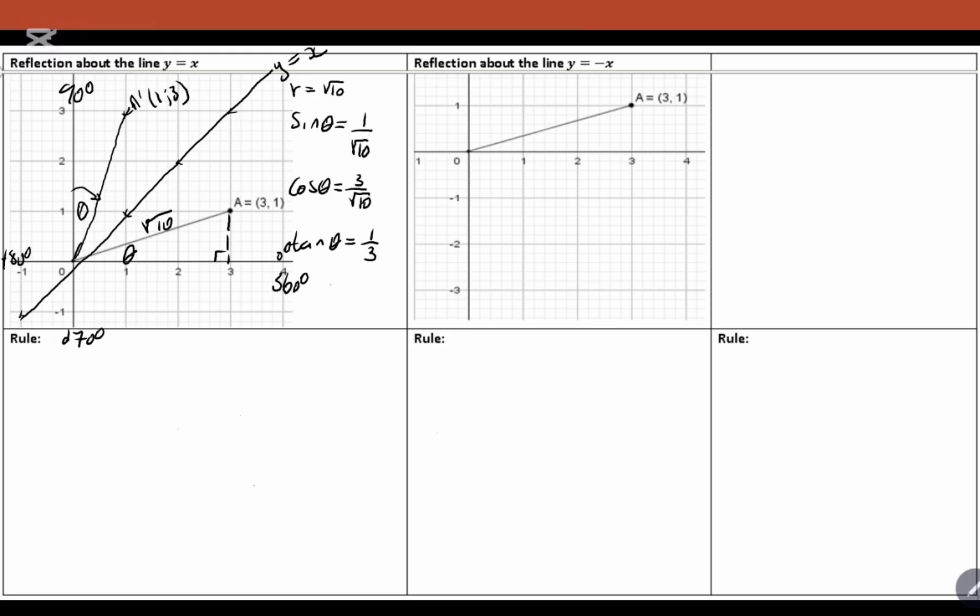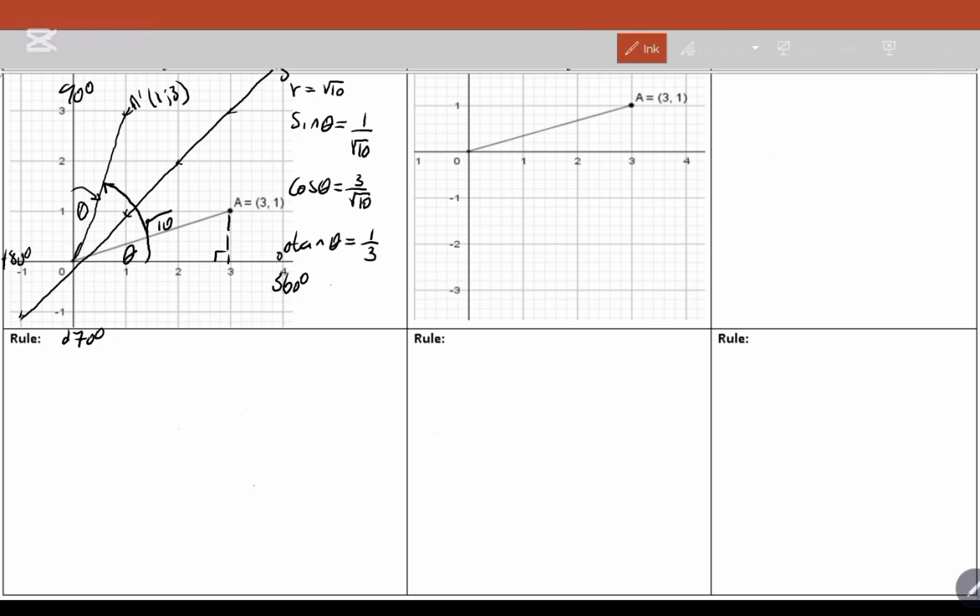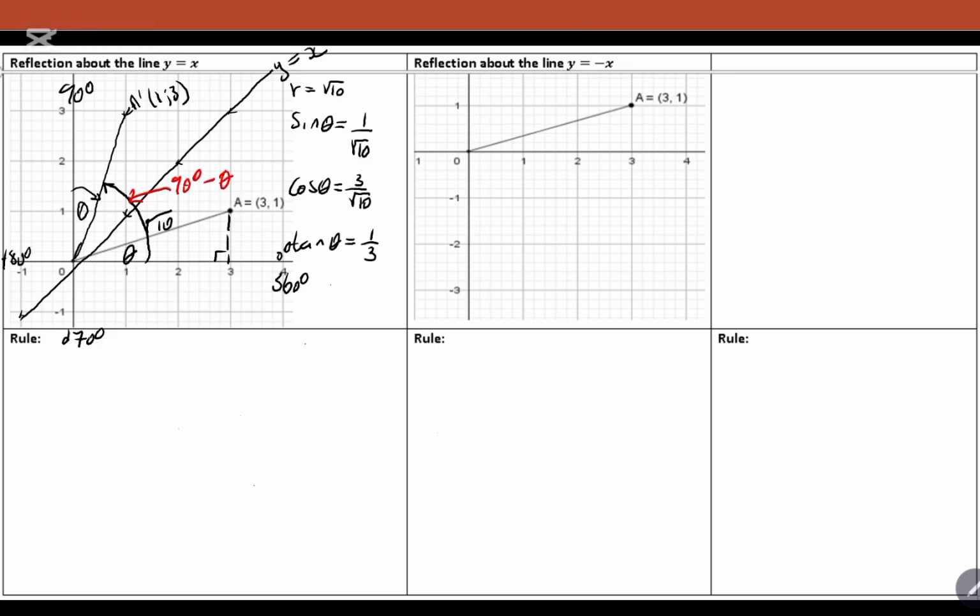So what is the size of this angle here? If this angle is theta, together this and that, they form 90 degrees. So this angle here is 90 degrees minus theta, because the two of them are complementary.